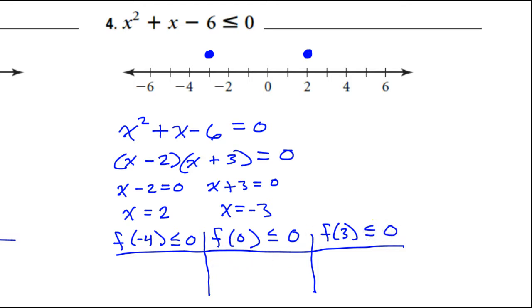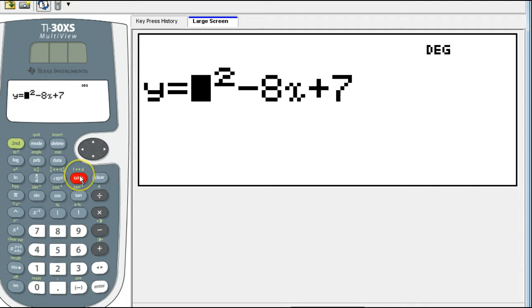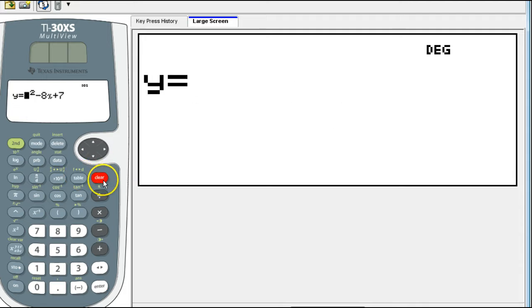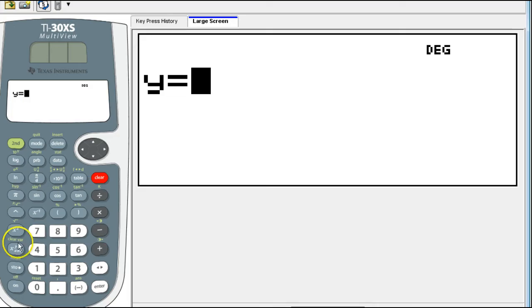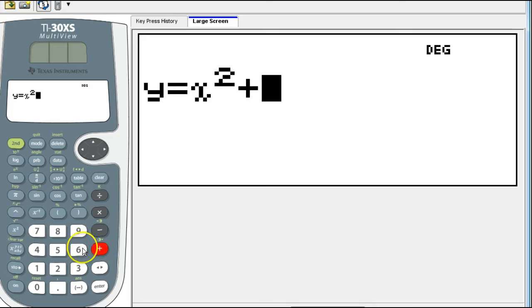We're going to use our TI-30XS MultiView to make this process go faster. So go ahead and enter the left part of the inequality, x squared plus x minus 6.